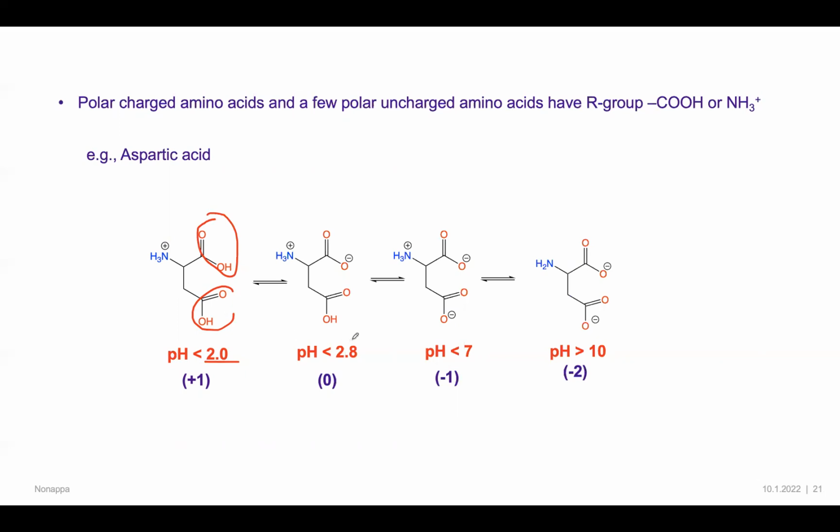As we move towards pH 3, below 2.8 in this range, one of the carboxylates is deprotonated and the amine is still protonated. When we are between 2.8 and 7, we can have a -1 charge because the 2 carboxylates are deprotonated. Above pH 10, all deprotonation occurs, even the proton from the charged amine group. Therefore, it has a -2 charge.